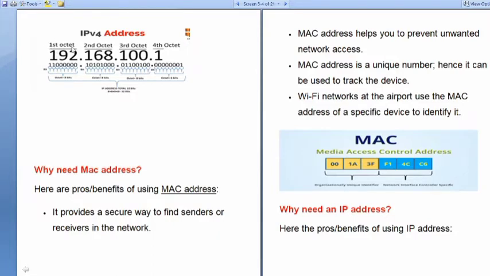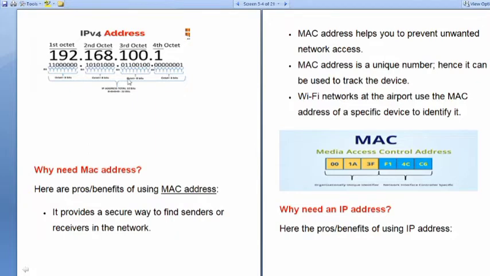So this is the first octet, 168 is the second octet, 100 is the third octet, then 1 is the fourth octet. You can write 101, 102, whatever you wish. So these are the four octet groups, and each octet is 8 bits: 8, 8, 8, 8. There are four groups, so 8 into 4, 32 bits.